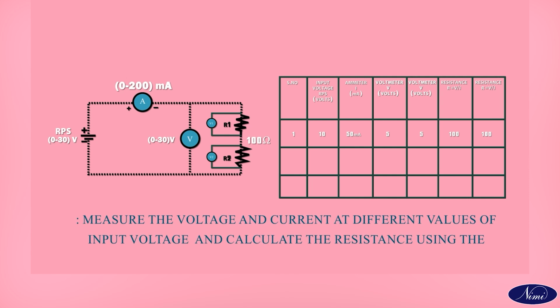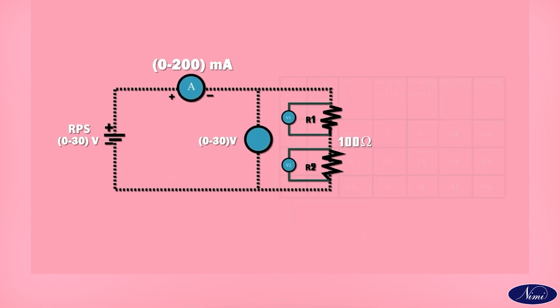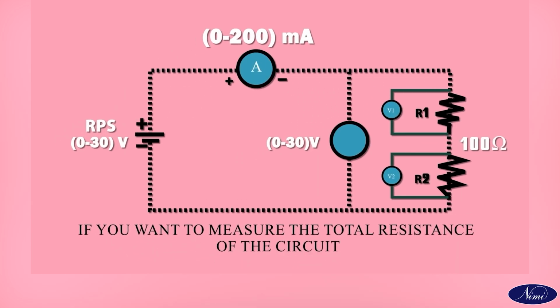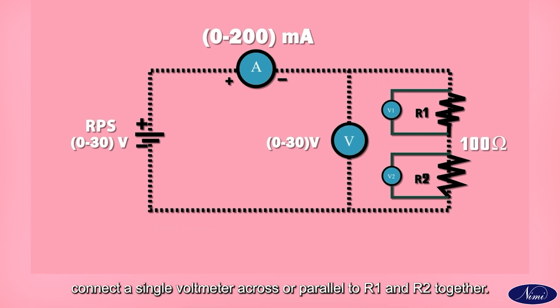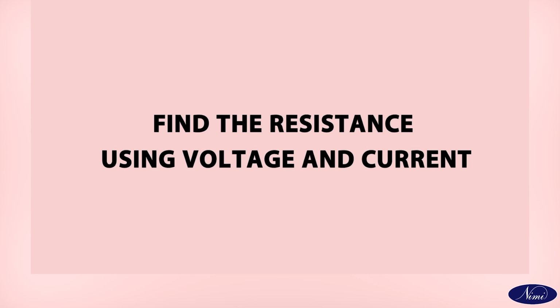Measure the voltage and current at different values of input voltage and calculate the resistance using the formula R1 is equal to V1 upon I and R2 is equal to V2 upon I respectively. If you want to measure the total resistance of the circuit, connect a single voltmeter across, or parallel to, R1 and R2 together. Find the resistance using voltage and current.